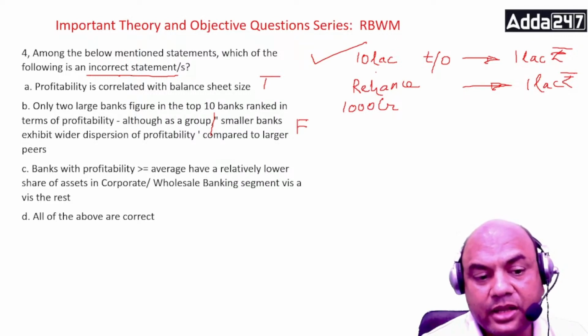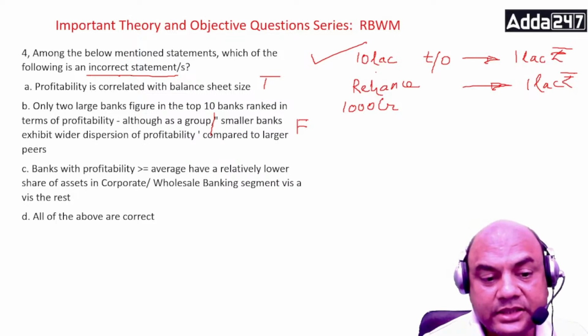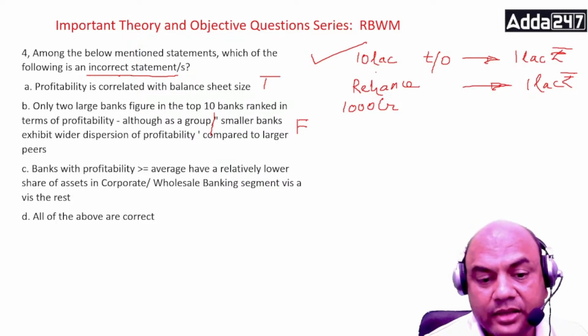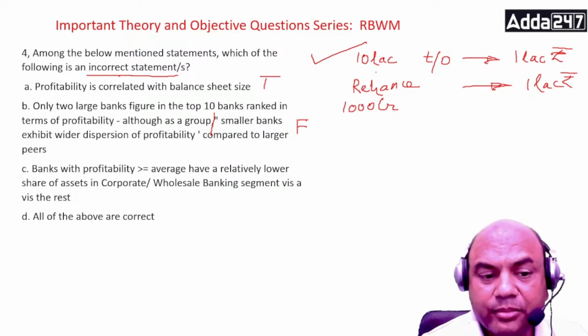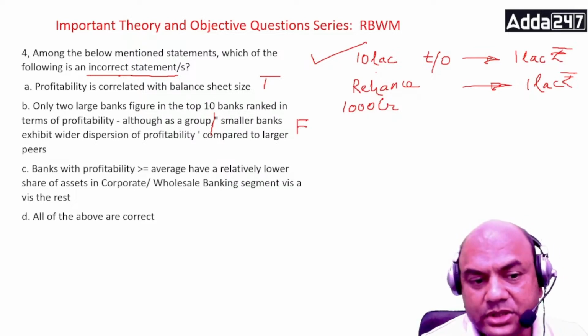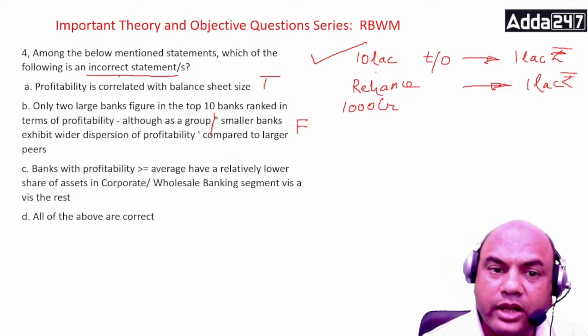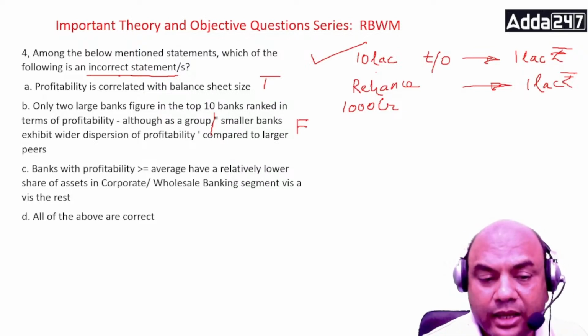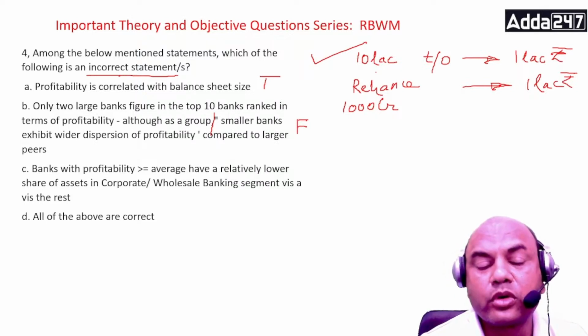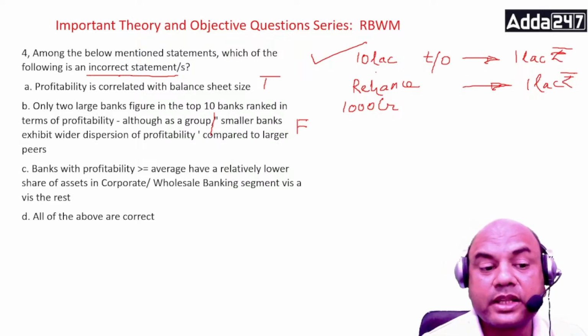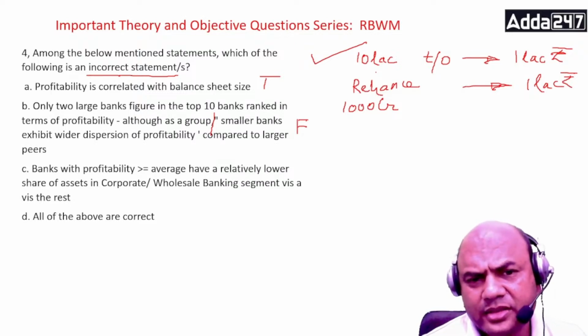Banks with profitability greater than or equal to average have a relatively lower share in the assets in corporate or wholesale banking vis-a-vis the rest. Now, can you say this? Does it mean that if I want higher profits, I need to reduce my corporate or wholesale banking and focus more on retail banking to increase my profitability? That's not the case.